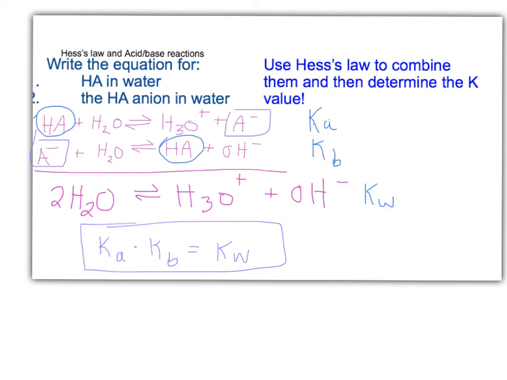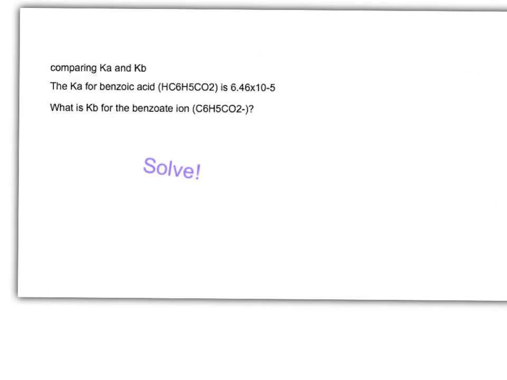So here we find Ka times Kb equals K for this new reaction, which happens to be the autoionization of water, which is Kw. We now have a new equation we can use: Ka times Kb equals Kw. So let's put that equation into practice.